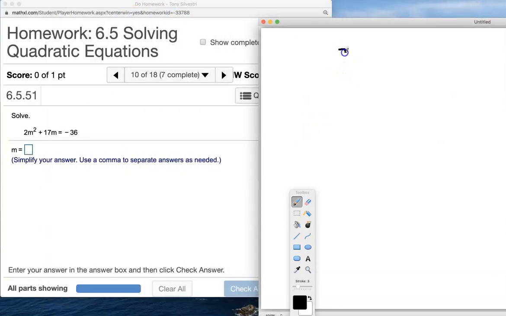Looks to me like what we're going to do, that's a square, is copy the problem, equals minus 36. This is a quadratic. I have a square. I have to have an equal 0 if you have any hope of solving it. So what you're going to do is add 36 to both sides, because the opposite of negative 36 is 36. I'm going to add 36 to both sides to give you this.